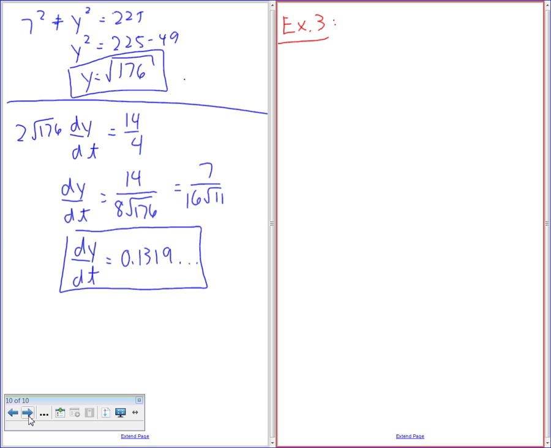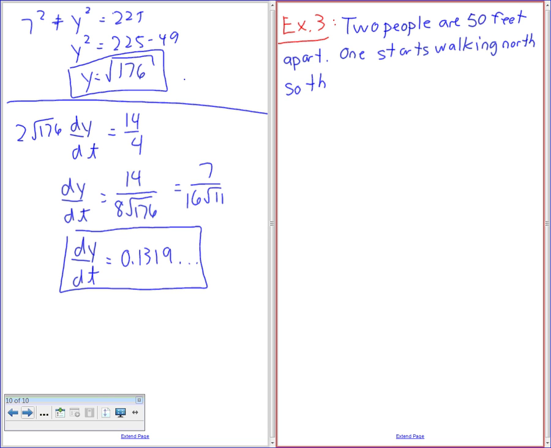It's going to say two people are 50 feet apart. I'll do this one as a class too. One starts walking north, so that their angle is changing 0.01 rad per minute.